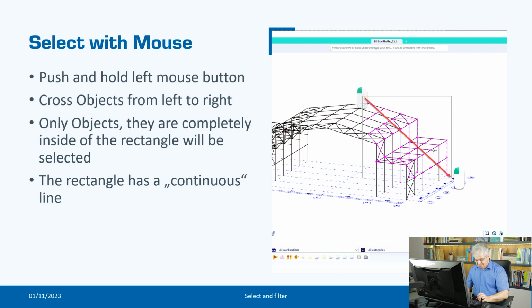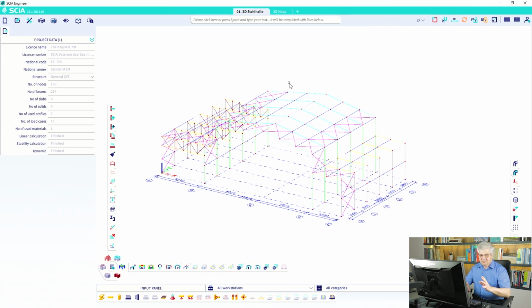Selecting with mouse. I think this is the same also in another CAD software. You can draw a window from left to right, and in this case, only objects will be selected which are completely inside of this window.